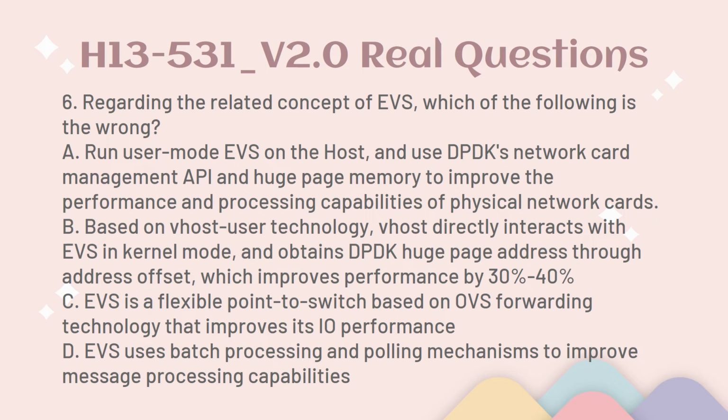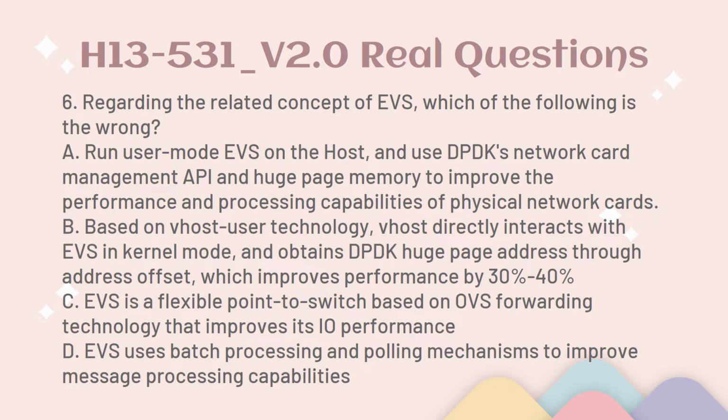6. Regarding the related concept of EVS, which of the following is wrong? A. Run user mode EVS on the host, and use DPDK's network card management API and huge page memory to improve the performance and processing capabilities of physical network cards.